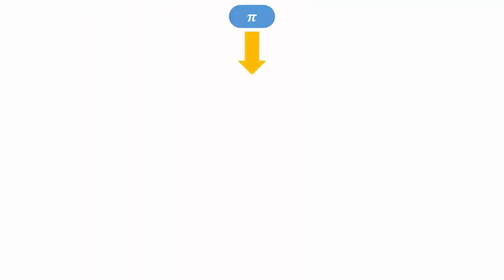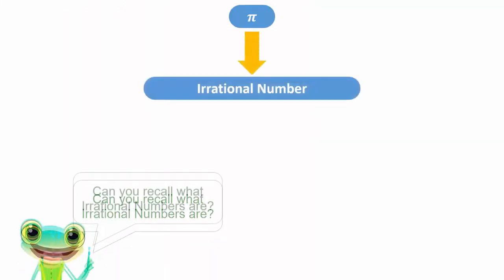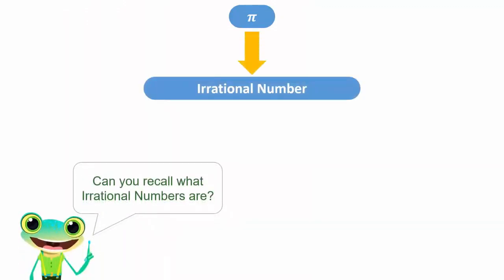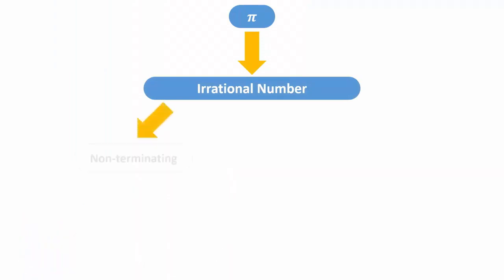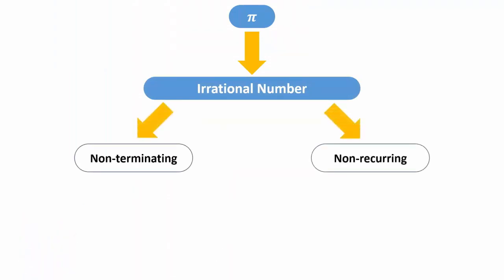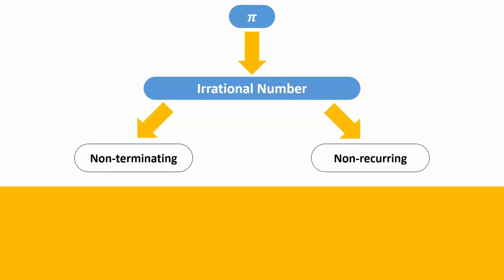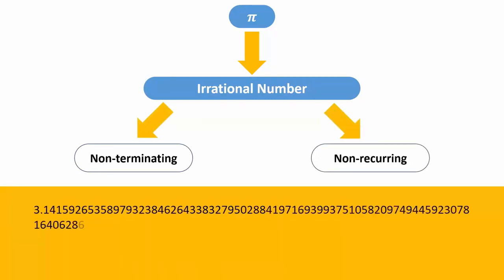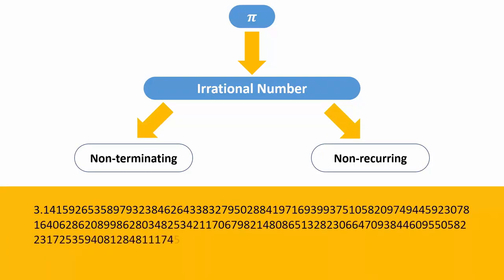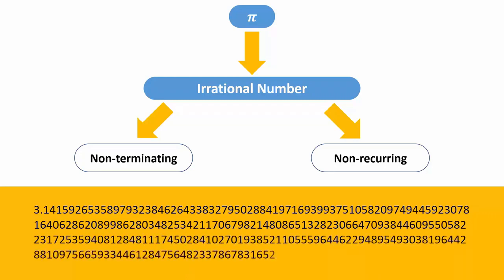Remember that pi is an irrational number. This means that it is a non-terminating and non-recurring decimal number. The digits after the decimal keep going on and on. That is why it is non-terminating. And since there is no repeating pattern in the sequence of digits, it is also non-recurring.